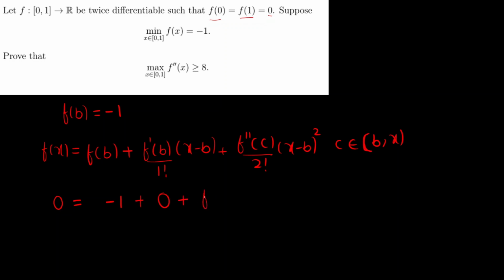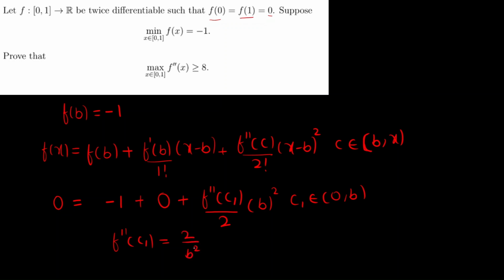And this is f''(c1) by 2 times b square, where c1 belongs to (0, b). Now if I rearrange the terms, I'll get that f''(c1) is equal to 2 by b squared.